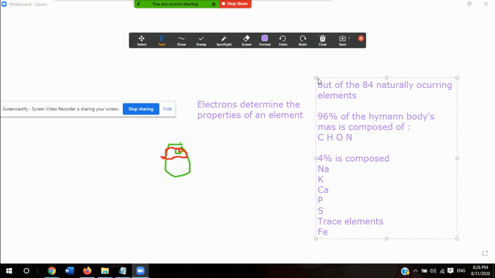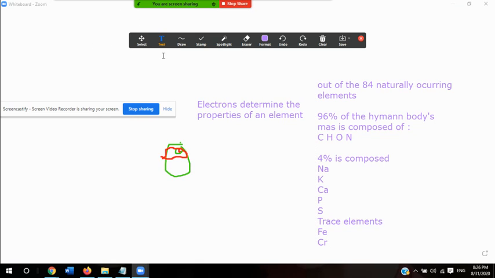And chromium, which helps the body break down usable chemical energy. Excuse me, I made a mistake. I confused it there with a hydrogen ion. Chromium is used to break down sugars.